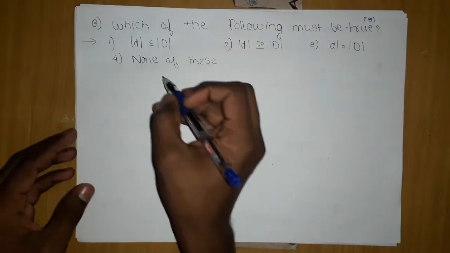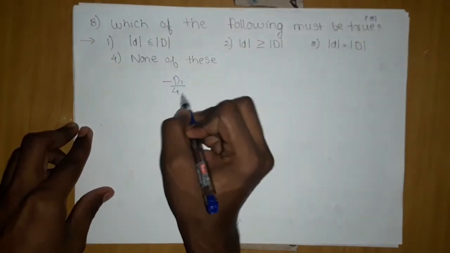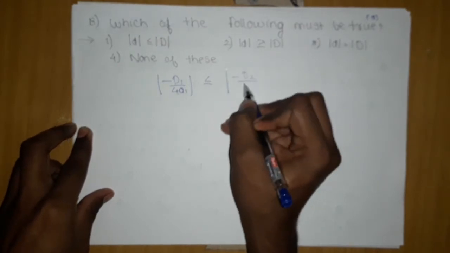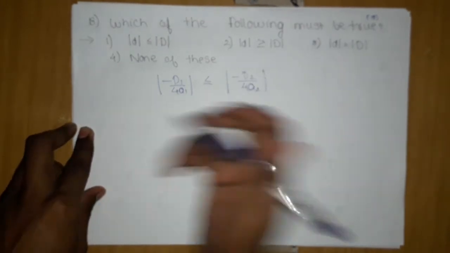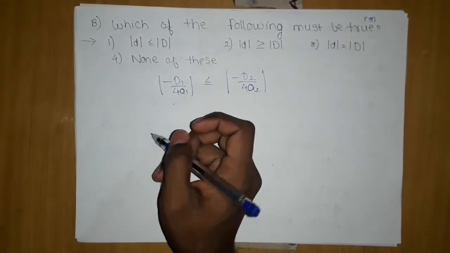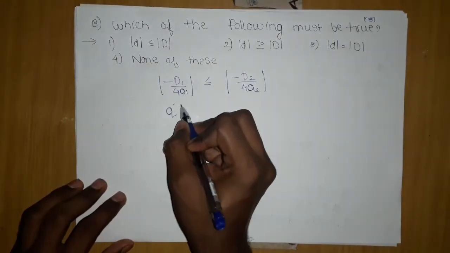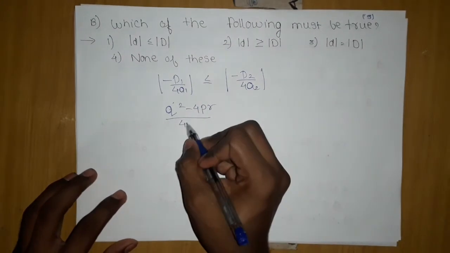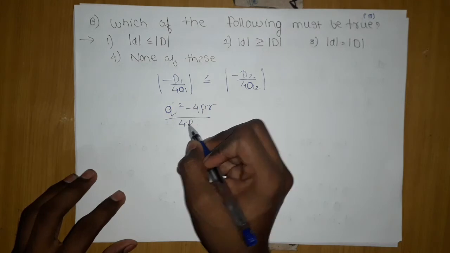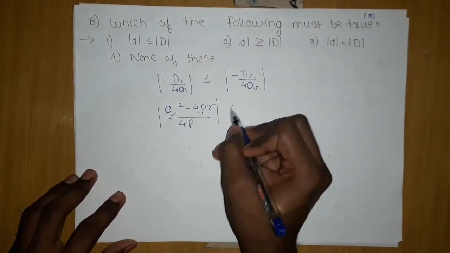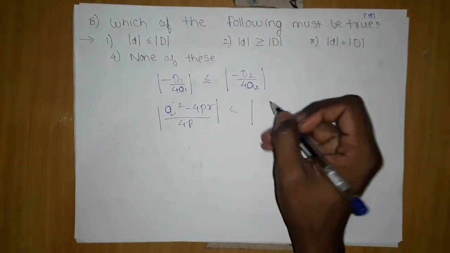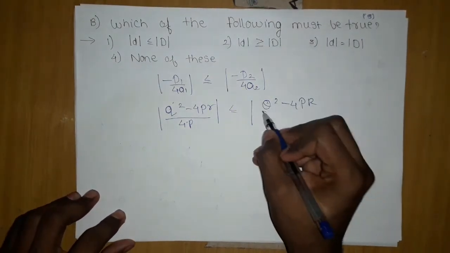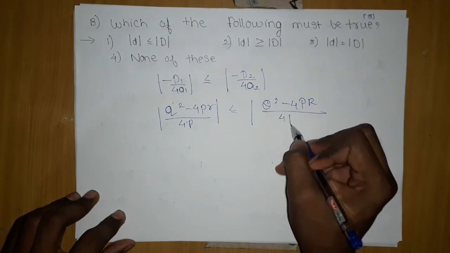Minus d1 upon 4a1 should be less than or equal to minus d2 upon 4a2. The modulus will do nothing but remain as it is: modulus of small q square minus 4pr upon 4 into small p, and on the other side, capital Q square minus 4PR upon 4 into capital P.